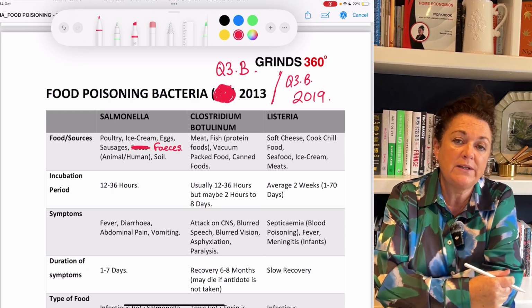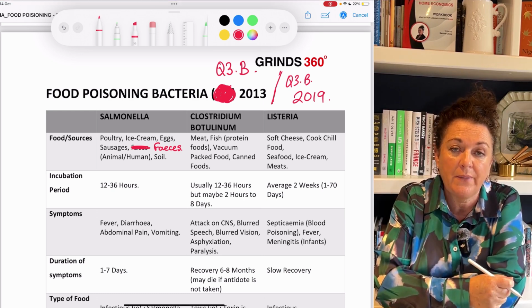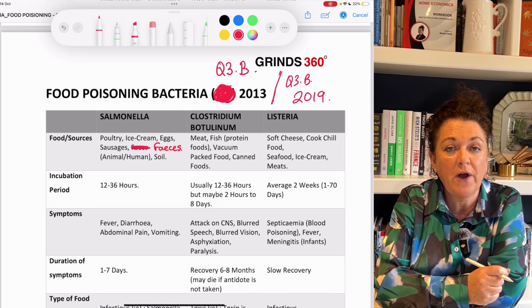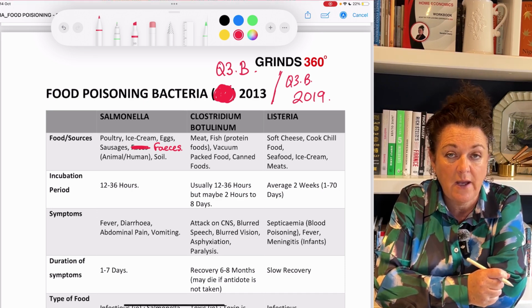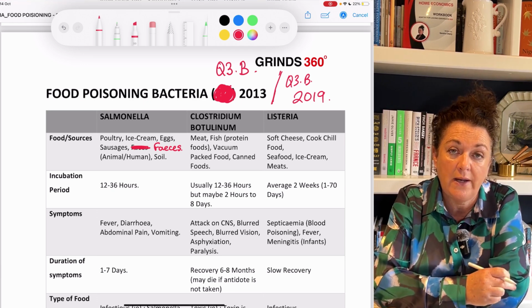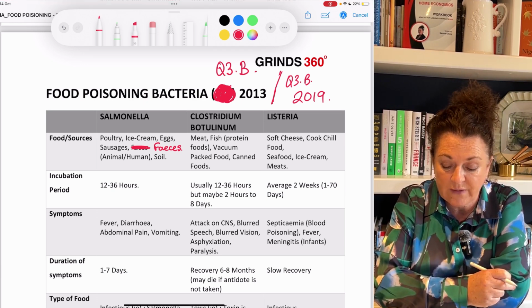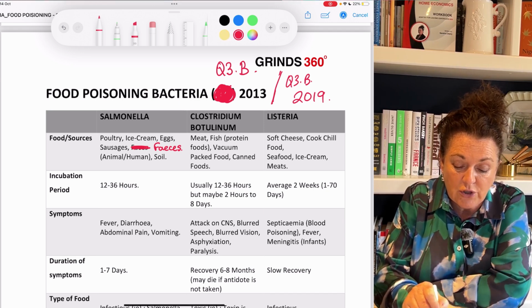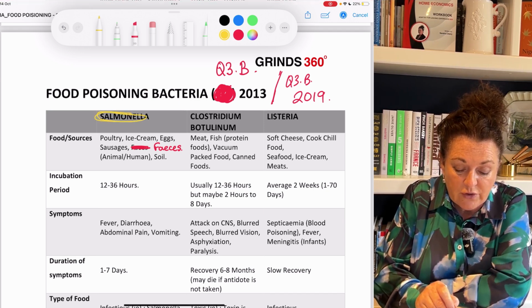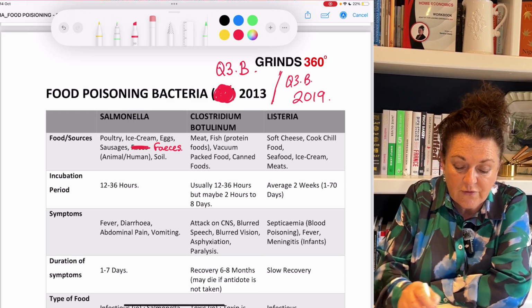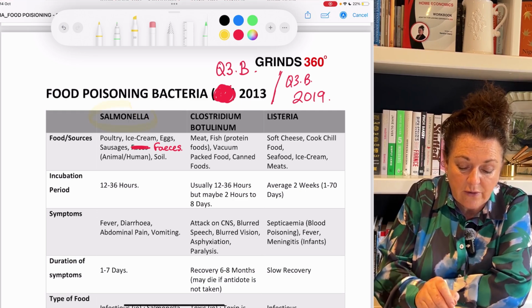Now, we've mentioned quite a bit about Clostridium botulinum, but the 2 sample answers that I will be going through on our online grind class are on Salmonella and also on E. coli 0157. So I'm just going to highlight our 2 from here. So Salmonella is 1. So we just get the highlighter out here.